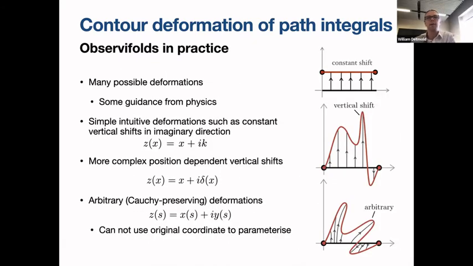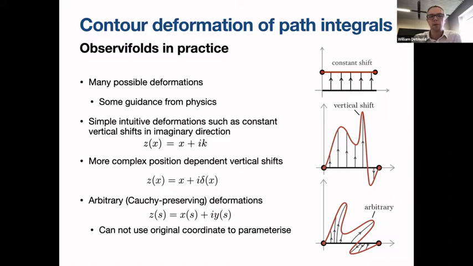Okay, so what should we think about observafolds, about the contour deformations? And of course, there are many possibilities. And sometimes we can get guidance from physics. So in the toy model we talked about, we just did a simple shift. So that's something we're certainly going to consider.